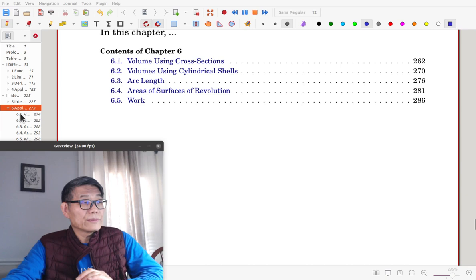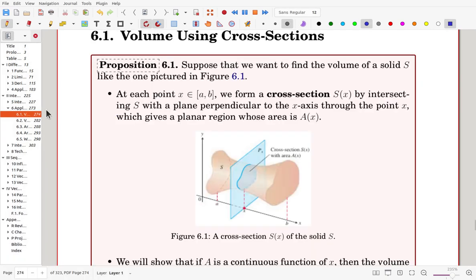Let's go to section 6.1, volume using cross sections. Suppose that we want to find the volume of a solid S as given in this figure.